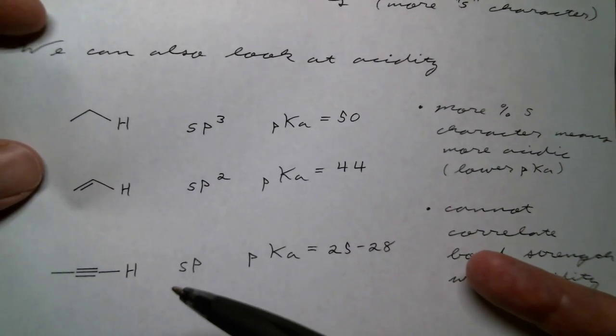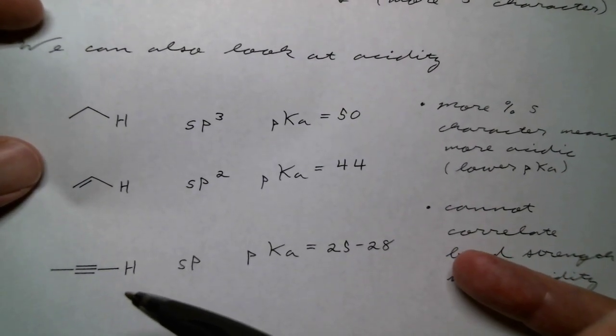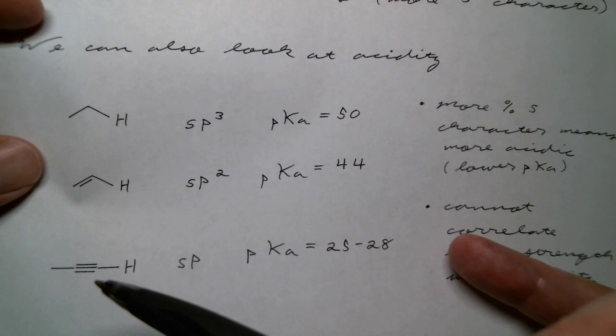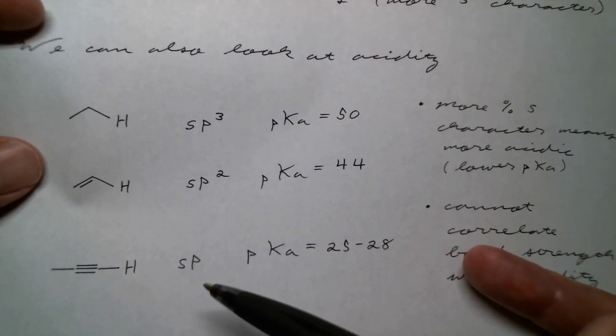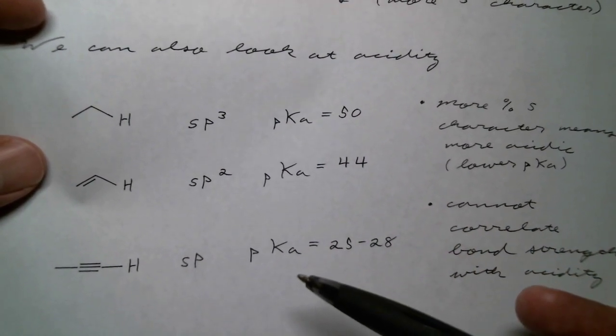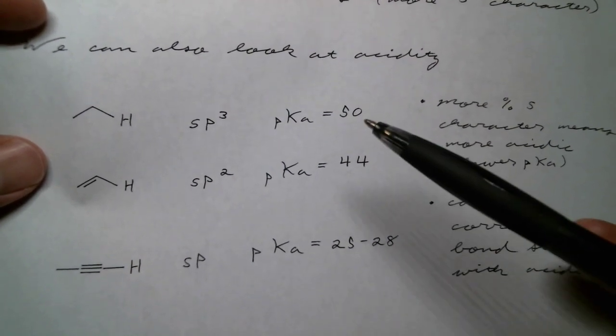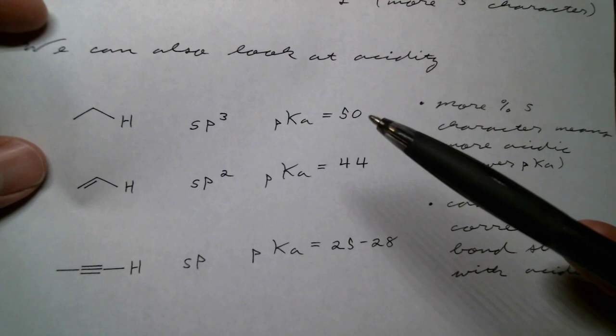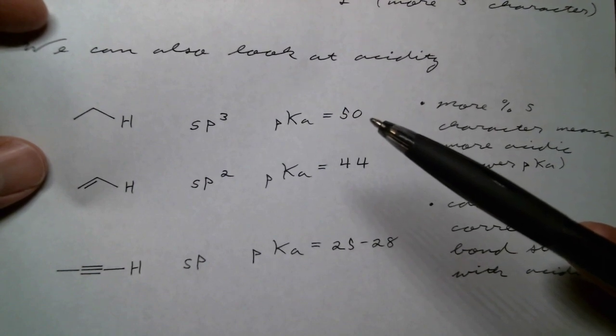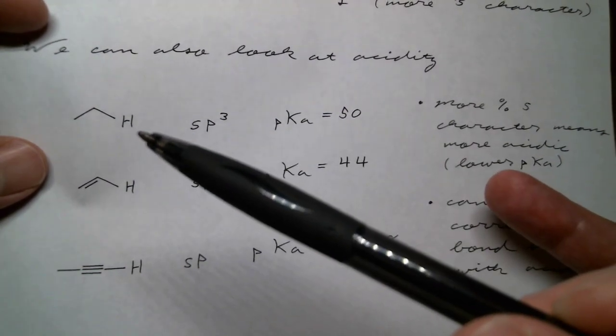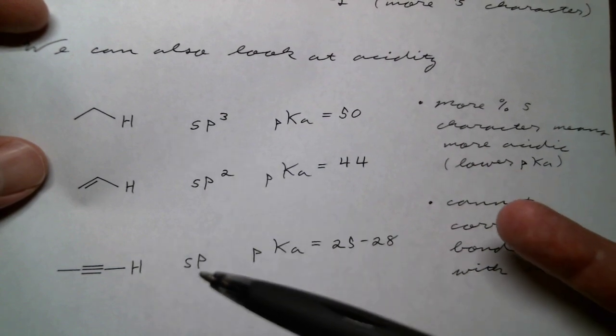What's really remarkable are these alkynes. We know the hybridization on those carbons is sp. And so the pKa for that is 25 to 28. That's almost 25 orders of magnitude more acidic than a normal saturated hydrocarbon proton.